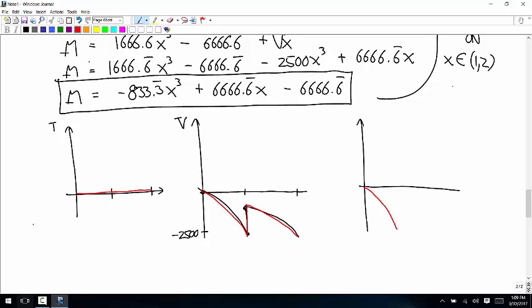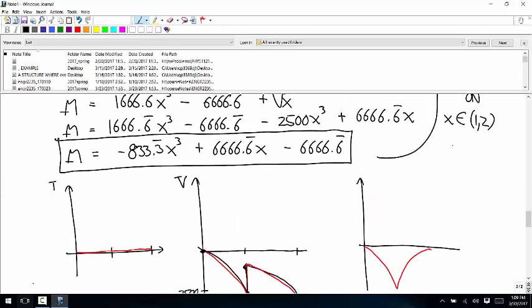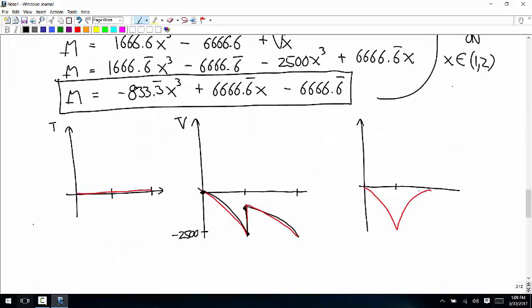This one, I think it's going to look like that. That's my guess. Go home and check on your own. You don't pay me to draw graphs. Oh yeah, that's true.